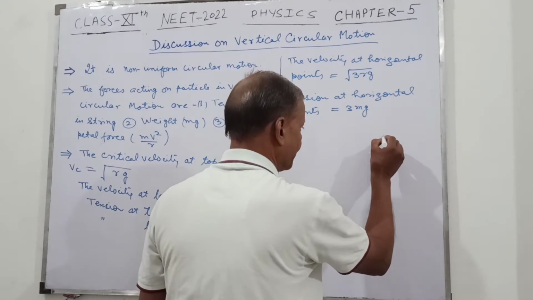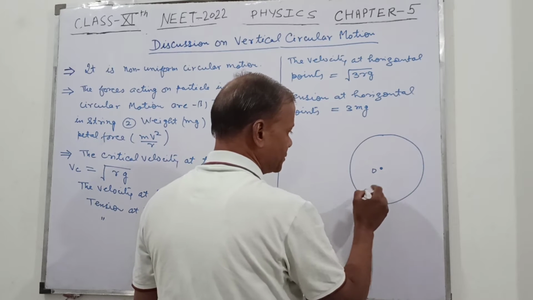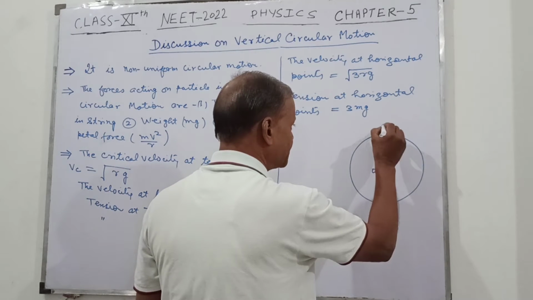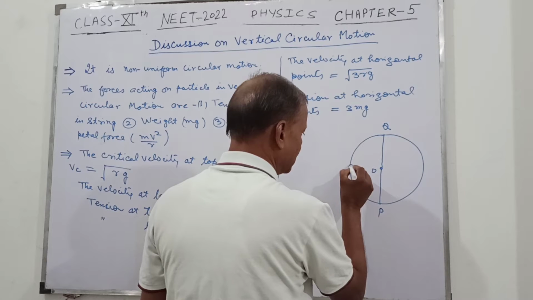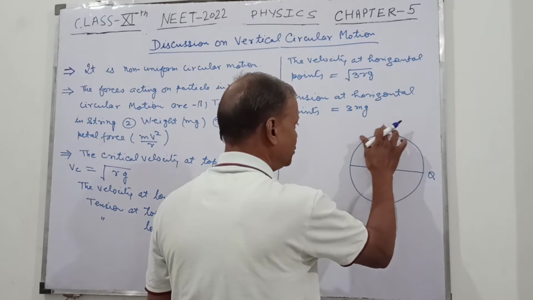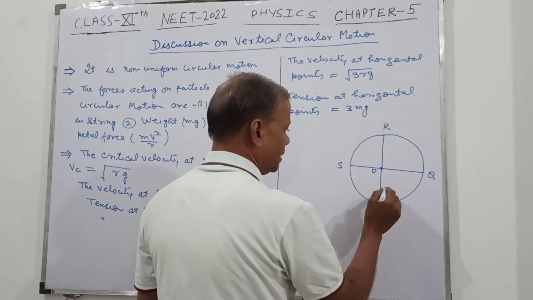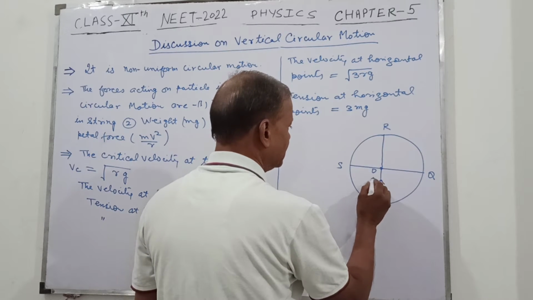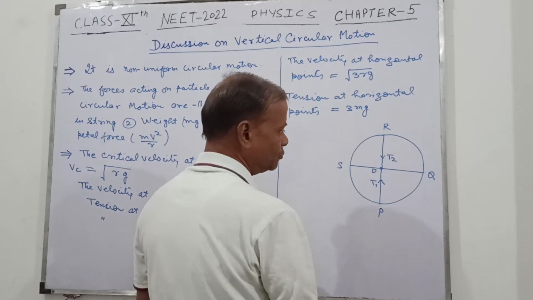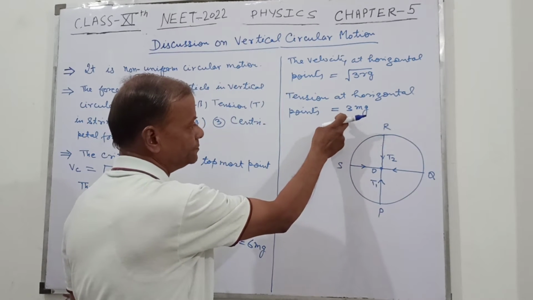Suppose this is a circle. This is now O. This is point P. This is your point Q. These are the horizontal points. This is Q, this is your R, and this is S. And here is the tension, T1 and T2. Here the tension is 3 mg.